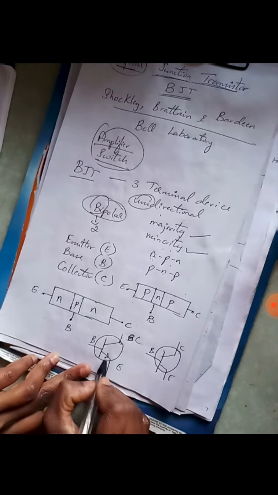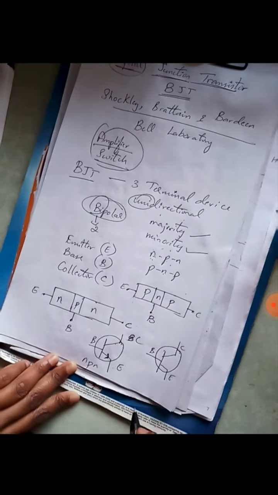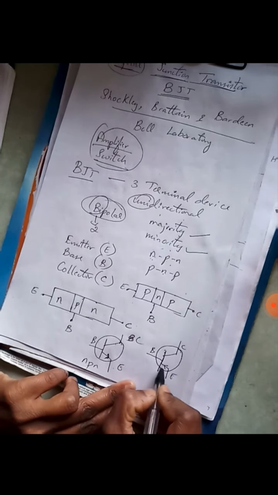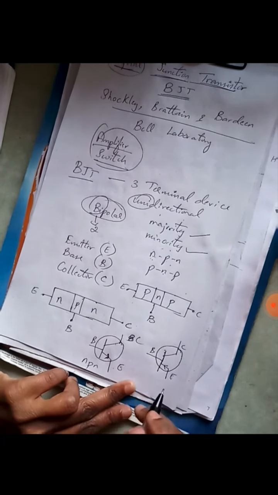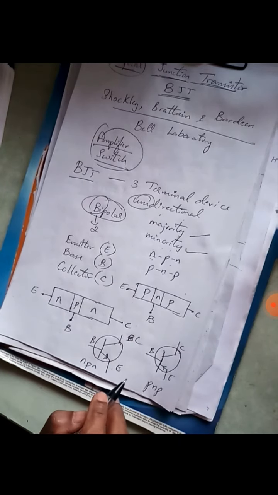If the arrow mark is facing towards the base, away from the emitter, then it is a PNP type of transistor. If the arrow mark is facing towards the emitter, then it is an NPN type of transistor. This is the symbolic representation of these transistors.